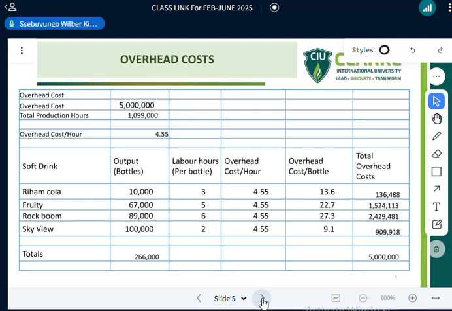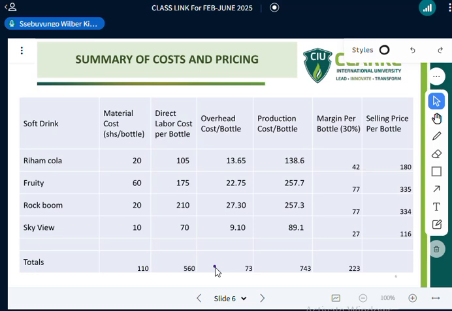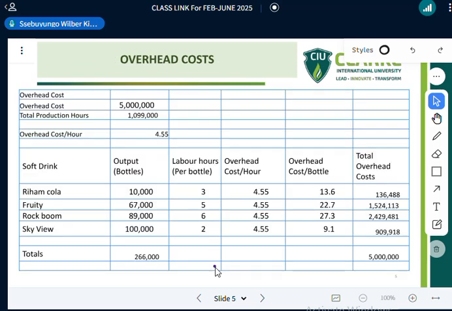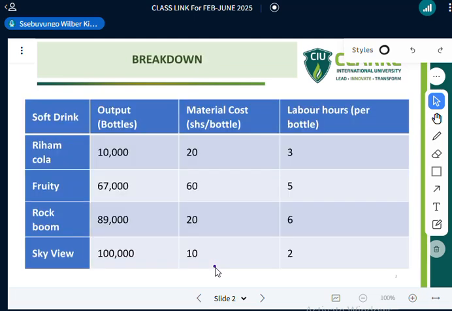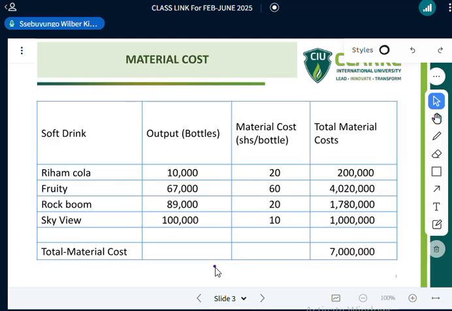Okay. Now, going forward, in our summary sheet, maybe for the person who has just joined, at the beginning we were given our material cost per bottle.